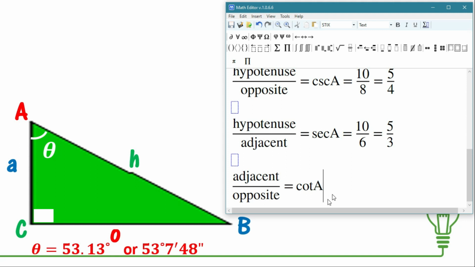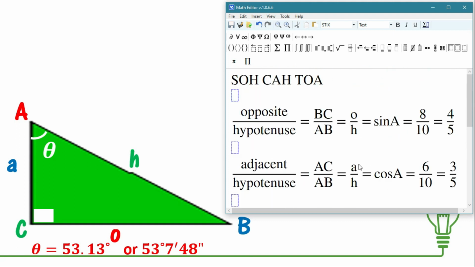So, kapag sinabi natin cotangent of A, that means we have adjacent side over the opposite side. And that will be equivalent to, sabi natin kanina, the adjacent side is 6 and the opposite side is 8. If we reduce this to lowest term, that is 3 over 4. So that's it. Those are the 6 basic trigonometric functions that we have on an acute angle.